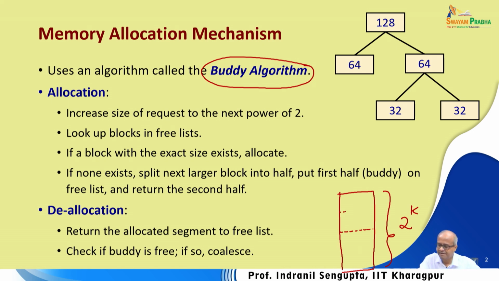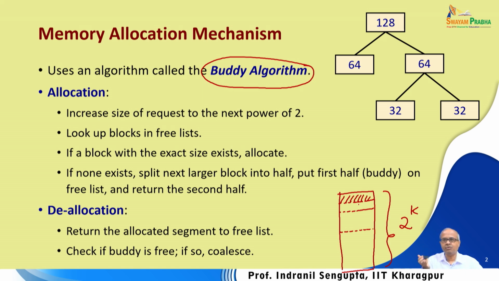So, you again divide this into half, again divide this into half, and finally, you can possibly allocate this. And when you are dividing a larger space into two halves of equal size, they are called buddies. So, the buddy algorithm comes from this concept, that you are dividing a space into two buddies, and one of the buddies you can again divide into two buddies, and so on.